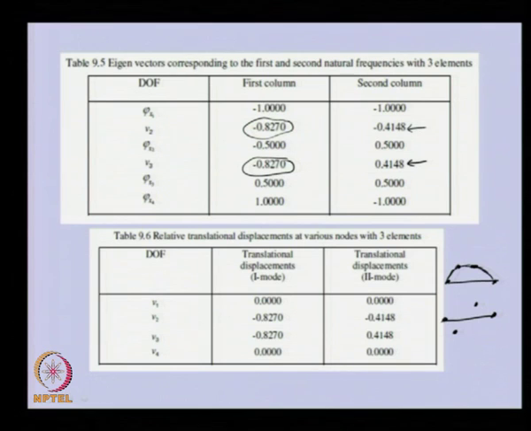In between we will be predicting using the shape function. So, we expect the mode shape like this, but for plotting the mode shape, it will be better if we take more elements and get more intermediate points. But just for illustration purposes, here I have shown with 3 elements how to pick up these eigenvector variables for translational displacement for mode 1 and mode 2.